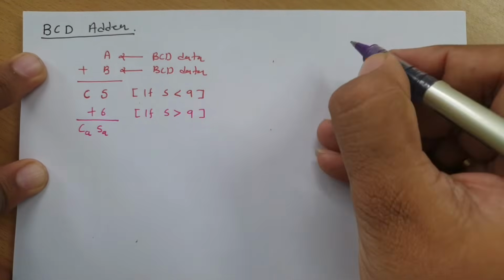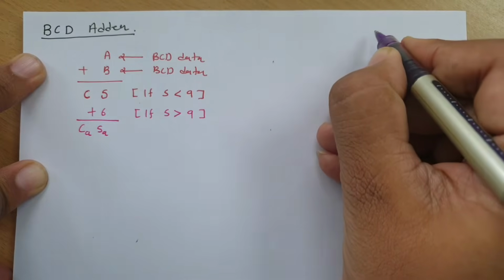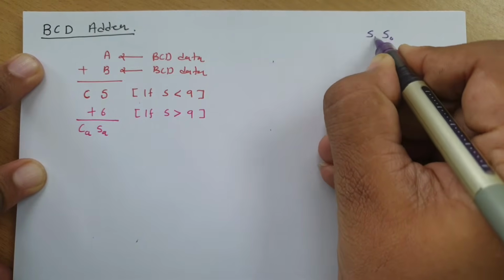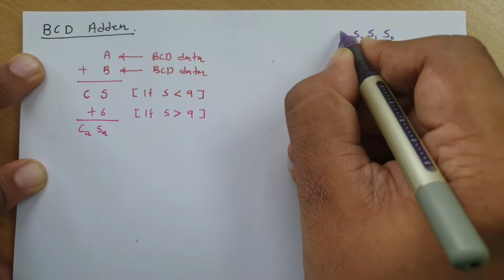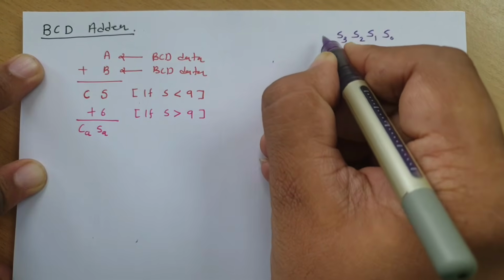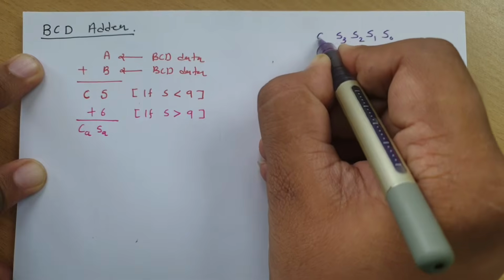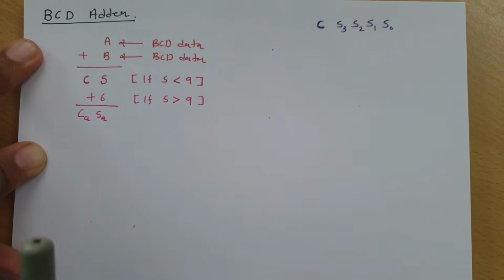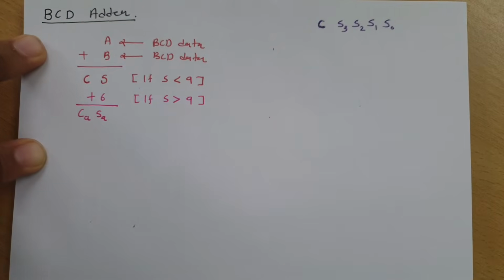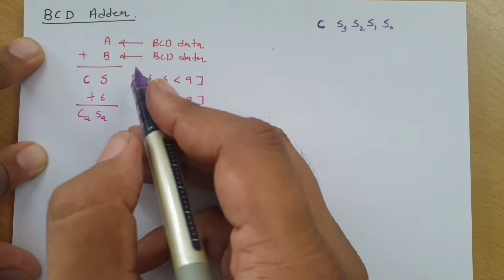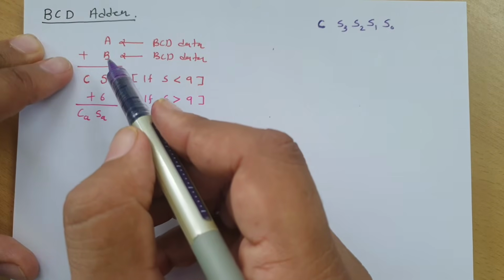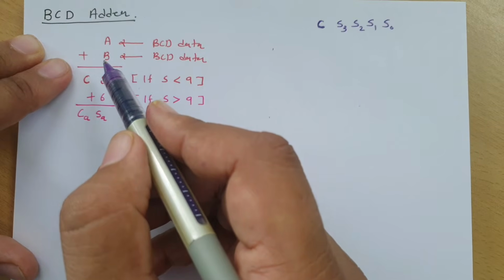Here, this is our sum, that is S0, S1, S2, S3, and here we have carry C. Now, if you observe all possibilities, as I have told, the maximum data of A and B can be 9, so the addition can be 18.